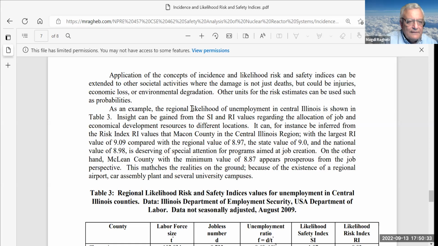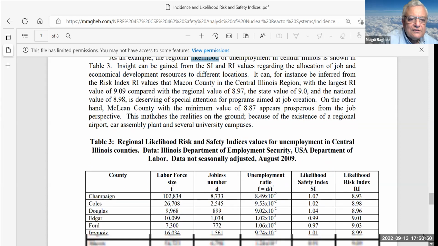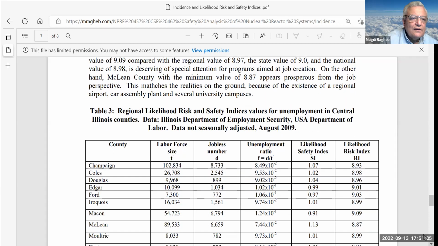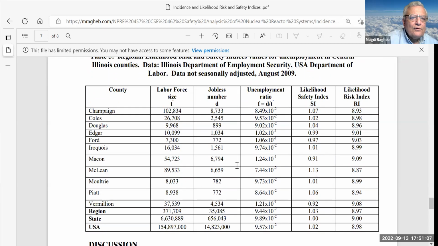Notice now that it is a likelihood, that is not an incidence, because the population of unemployed people in central Illinois does not apply to the whole nation. So in that case, the population that you are dealing with is a limited population. So it would be unfair to consider the whole population of the United States. In that case, you can look at central Illinois, the different counties in central Illinois, and you worry about the unemployment rate.